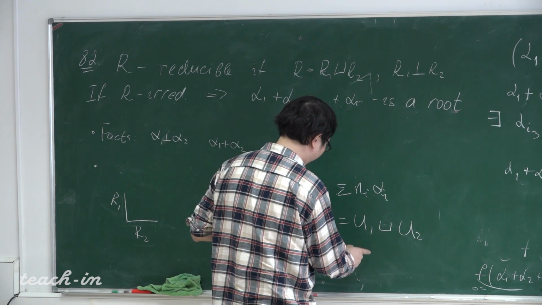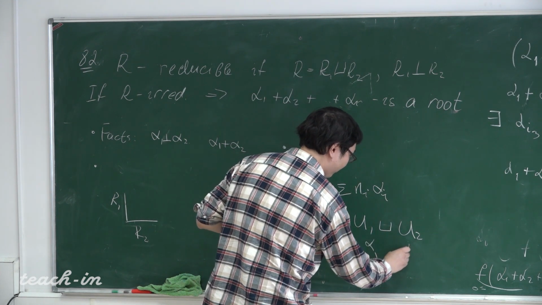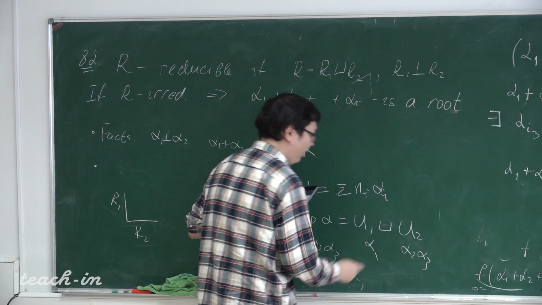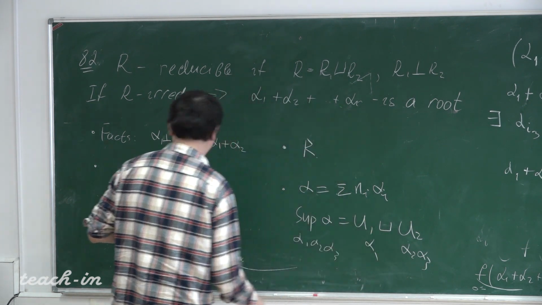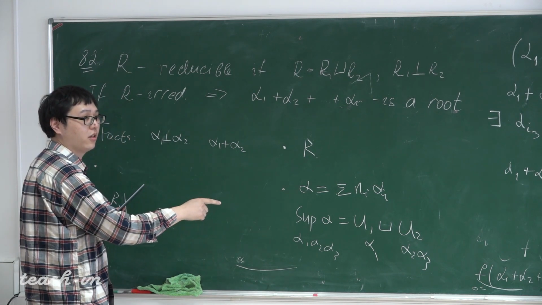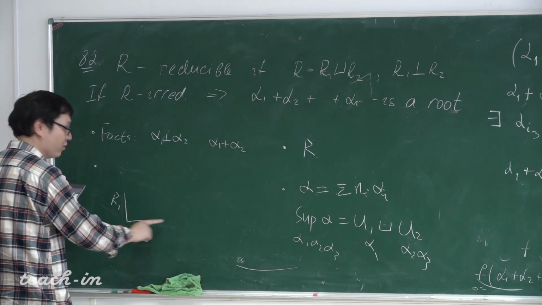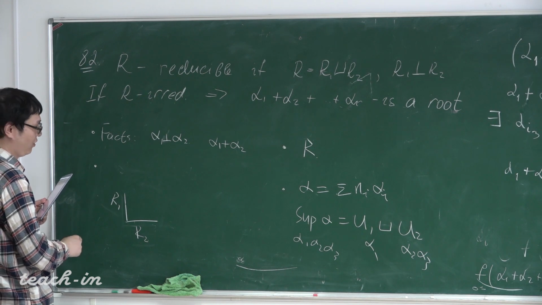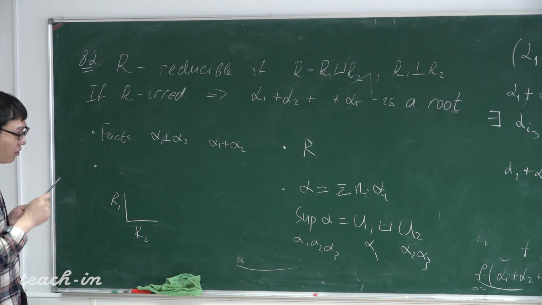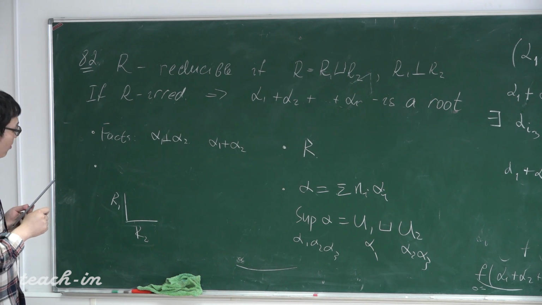This happens if alpha 1 is here, and alpha 2, alpha 3 are here, and these will be irreducible root systems. Two orthogonal irreducible sets here. But we just proved this cannot be.